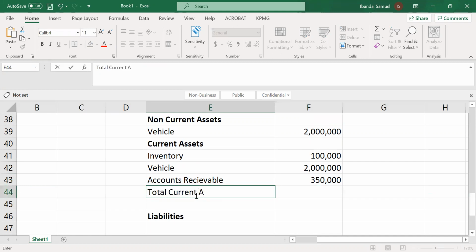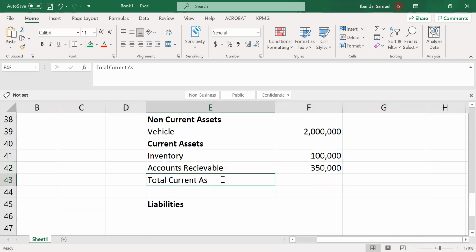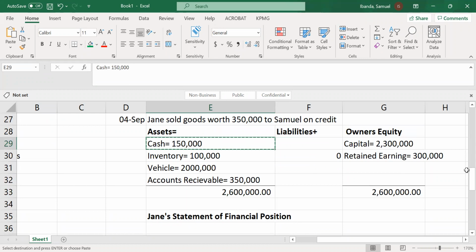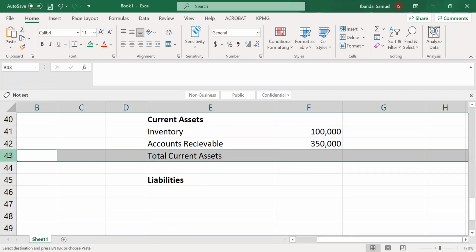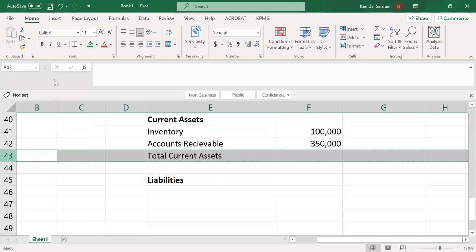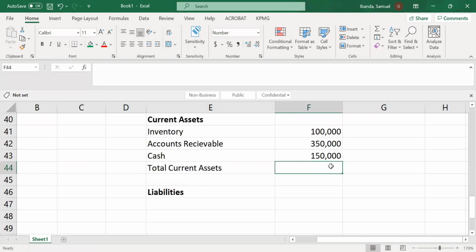The vehicle still appears under both, so let's remove it. Thank you. I think I left out cash. We had some cash, which is 150,000. It's supposed to be cash, not vehicle. So the total current assets, when you add them up, gives you 600.